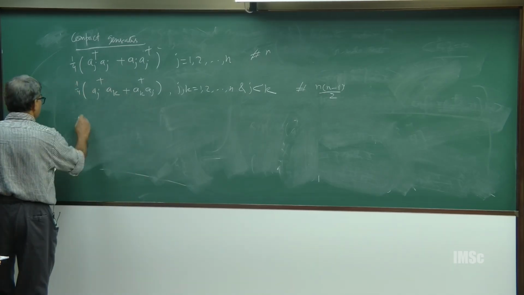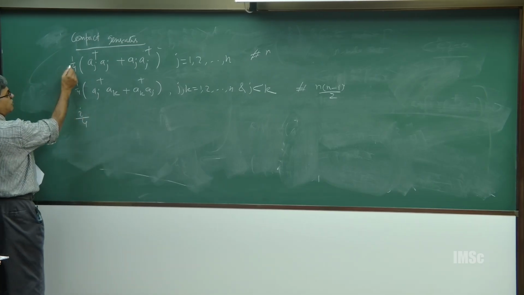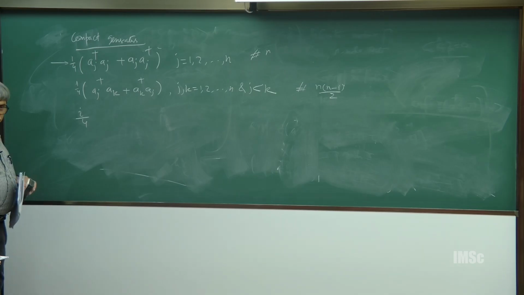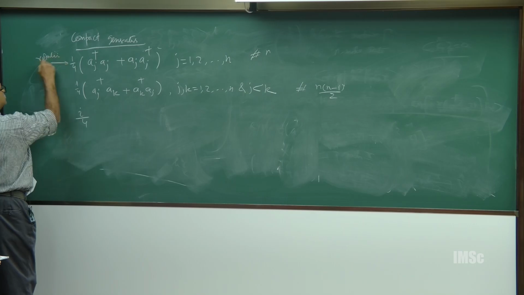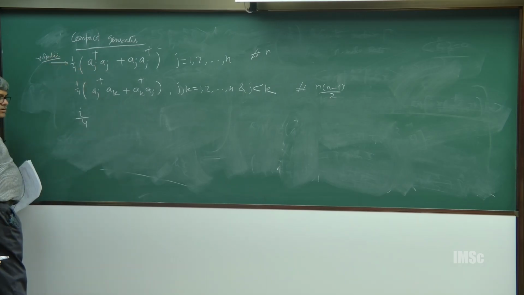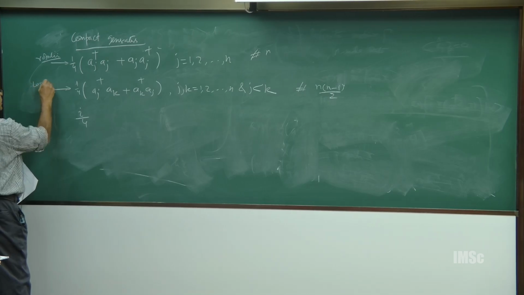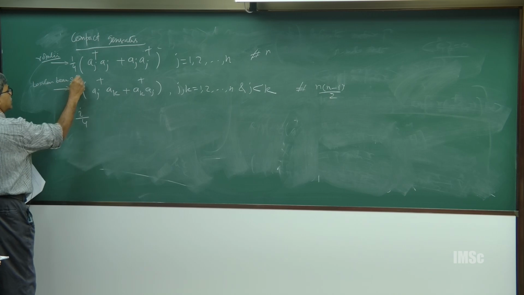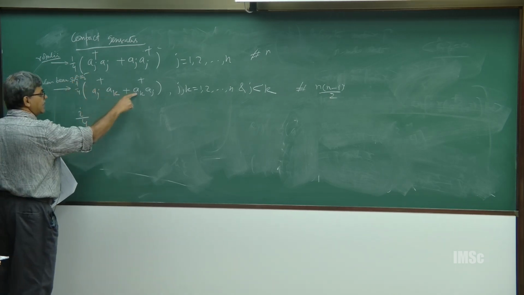Look at this: this will provide you single mode rotation. This will provide you a lossless beam splitter. This we have seen, like a dagger b plus a b dagger.